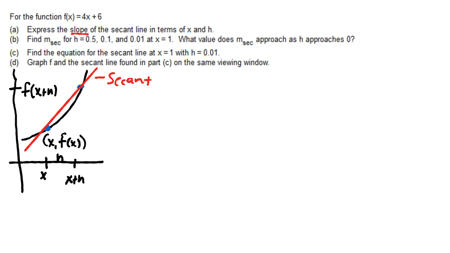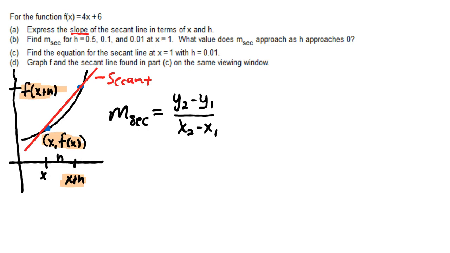So we're going to be able to find the slope of the secant line by using our normal slope formula. Our normal slope formula is to take y2 minus y1 over x2 minus x1, except we're going to use these ordered pairs that we have here. So the one ordered pair is x, f of x, and the other ordered pair is x plus h, f of x plus h.